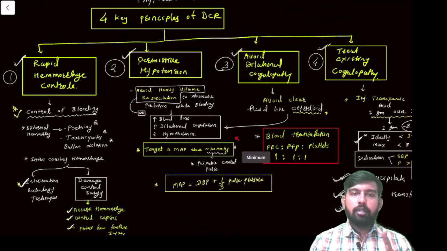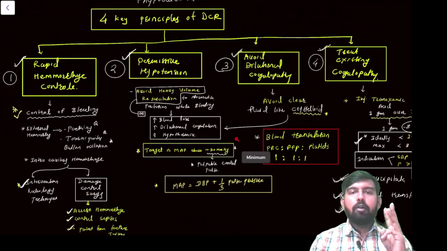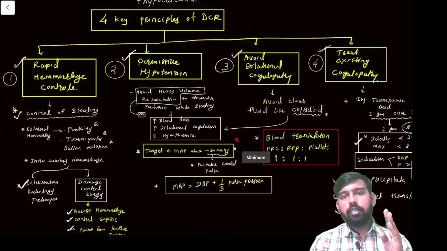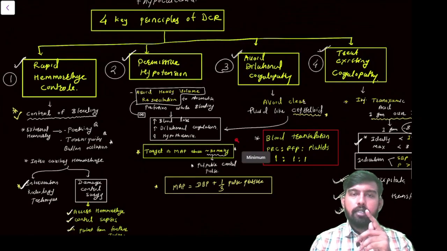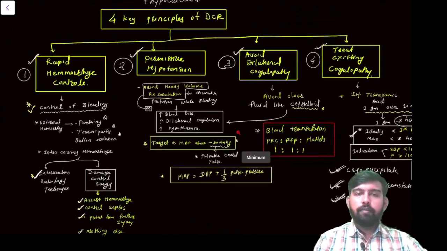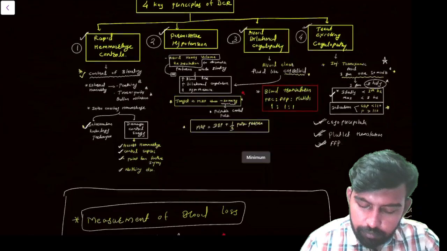One is rapid hemorrhage control, second is permissive hypotension, third is avoidance of dilutional coagulopathy, and the last one is treatment of the existing coagulopathy. A short answer question, that is SCQ, could be asked on damage control resuscitation. So this could be your answer for it.